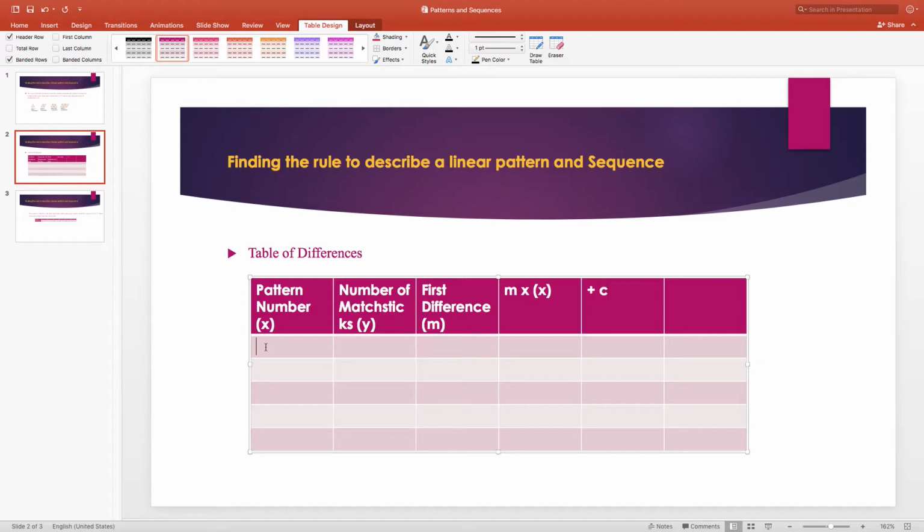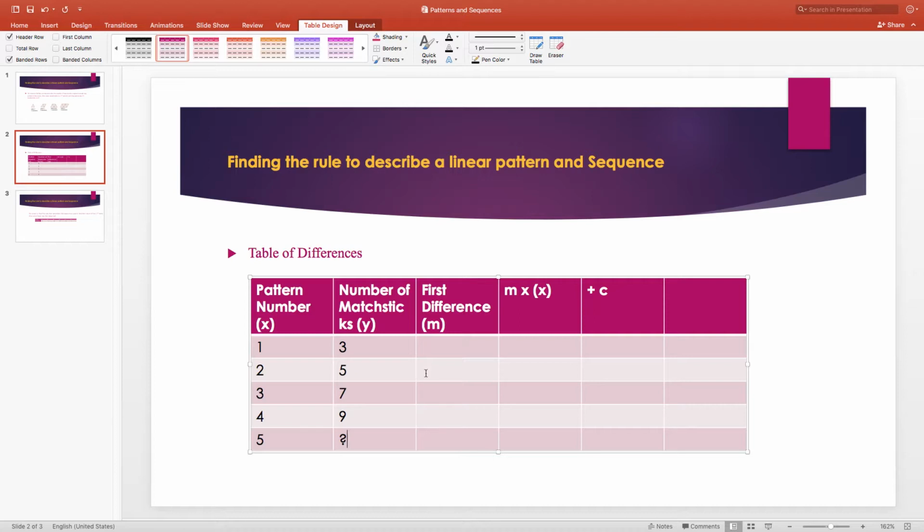So first of all I go ahead and just put in the pattern numbers. So I have 4 pattern numbers, and there were 3 matchsticks in the first one, 5 in the second one, 7 in the third one, and 9 in the fourth. Now the first difference is just the difference between the Y values as we go down.